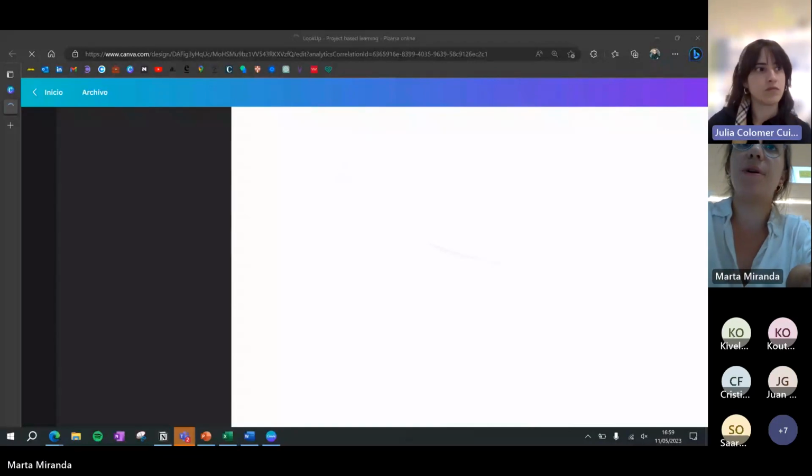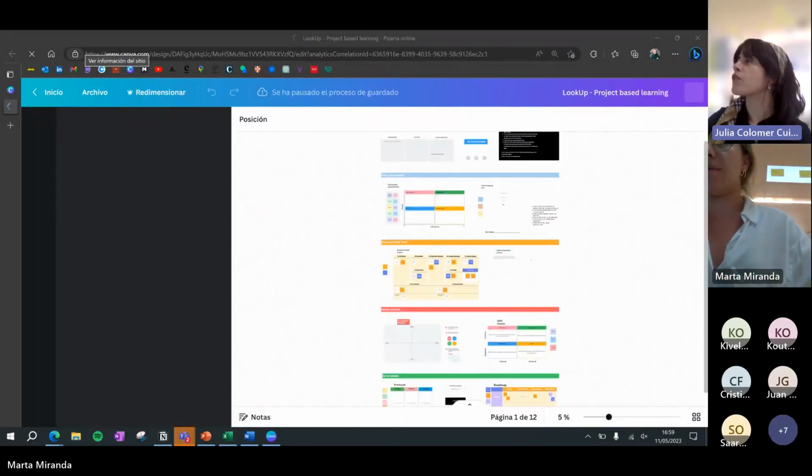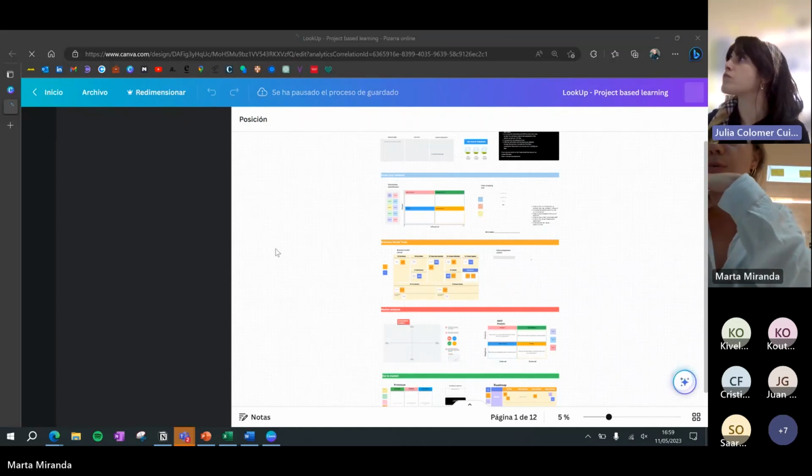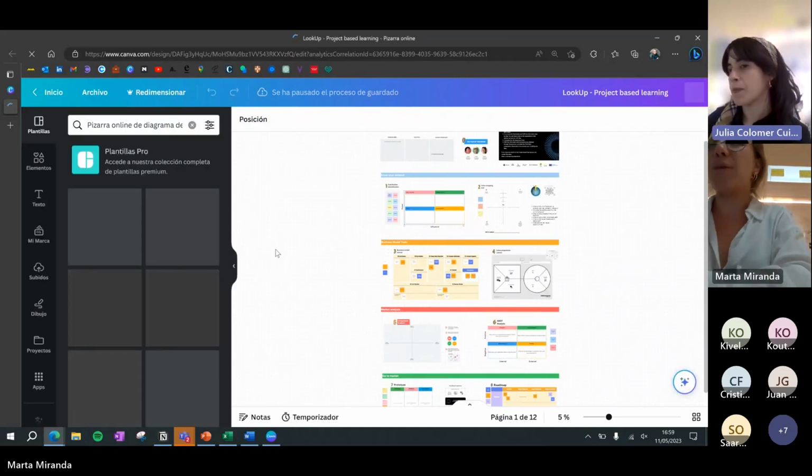Okay, so last week you started to become familiar with Canva. That's a tool, or a web page, really useful for designing and collaborating.